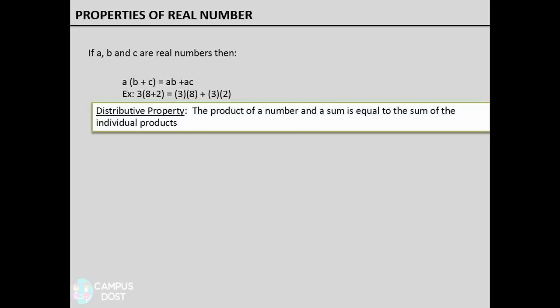The following example demonstrates this. 3 times (a plus 2) is equal to 3 times a plus 3 times 2. Now please note that the distributive property also works when the numbers in the brackets are being subtracted. For example, 10 times (7 minus 3) is equal to 10 times 7 minus 10 times 3.